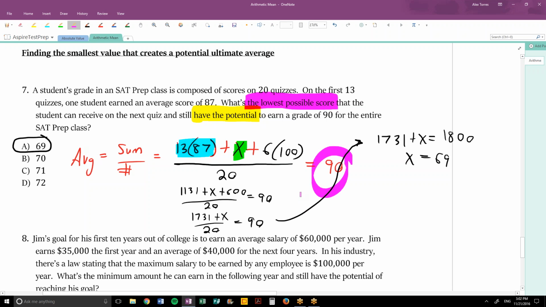But if I had more than a 69, I'd have more than the possibility of getting a 90 at the end of the year. So even though it sounds like an inequality, notice that we just plugged in the actual number of 90 instead of saying that it was less than or equal to 90 or so on.